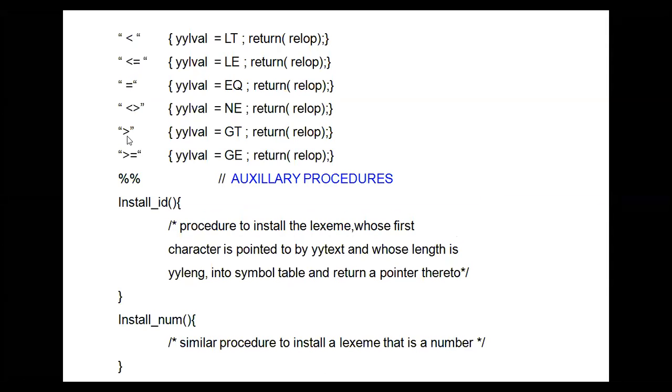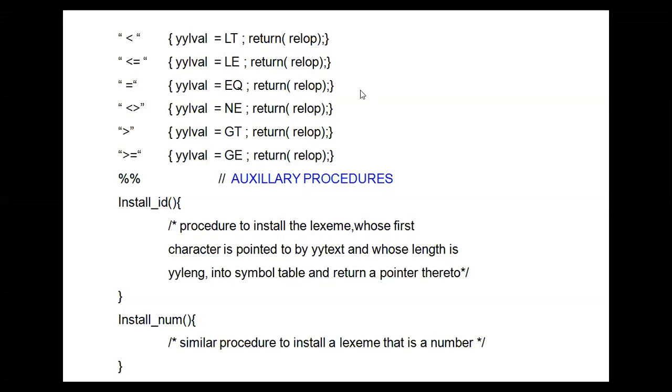These are rules, and they are associated with certain actions for that particular rule. What we are executing here is to return relational operator, with the value for less than or equal to, not equal to, greater than, right? I think you all get how to represent translation rules.